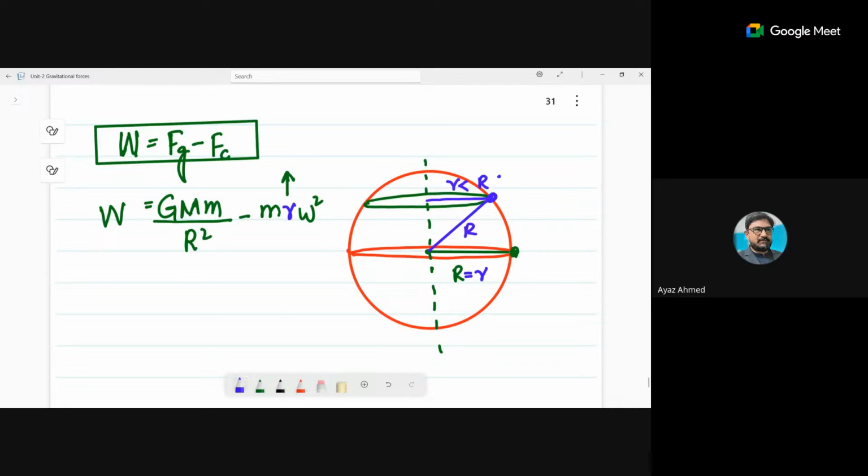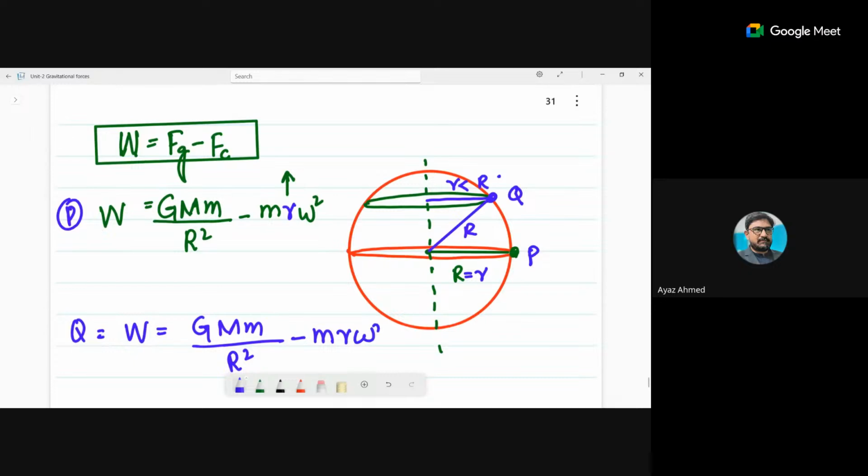So at this point, I mark it point P, here it is point Q. At point Q, W will be basically GMm divided by R square, because that force is same, minus M r omega square.